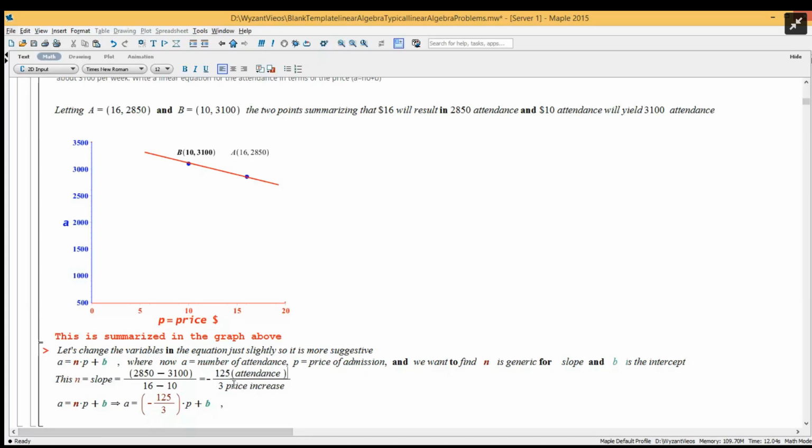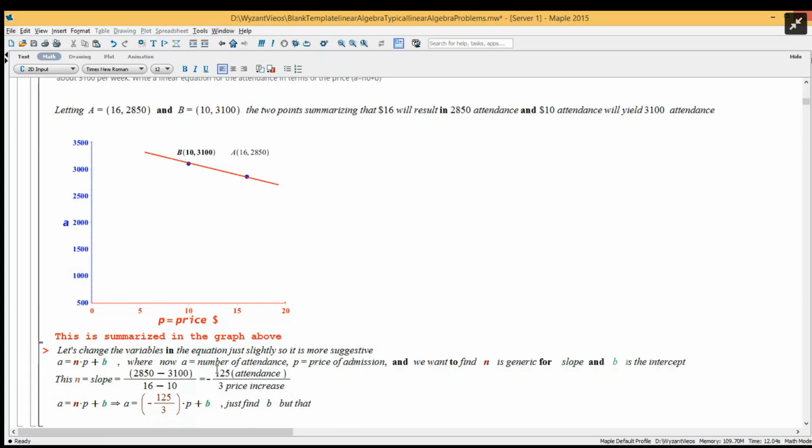So now we plug this value for n into our original equation, A equals n times p plus b. So it gives me A equals minus 125 over 3 times p plus b. We're almost complete. We now have to just find b.